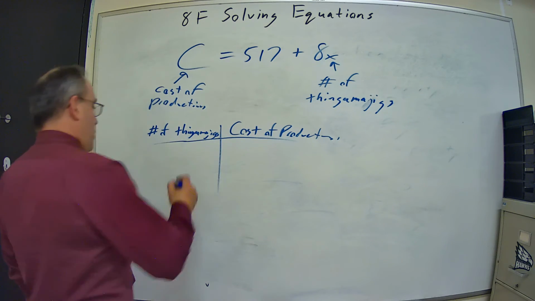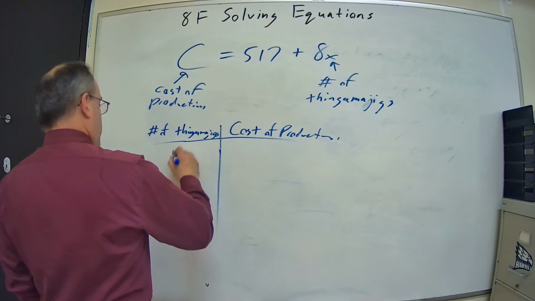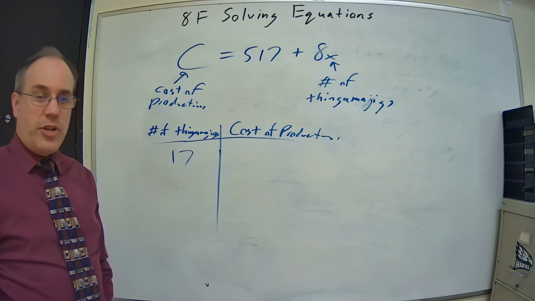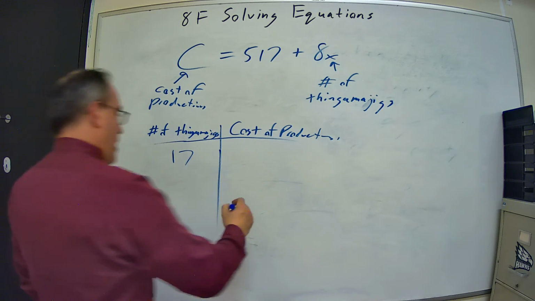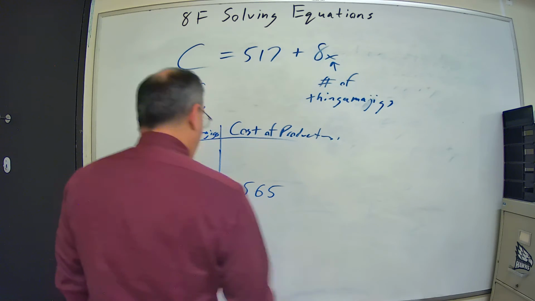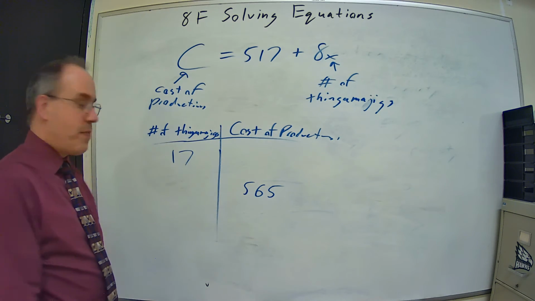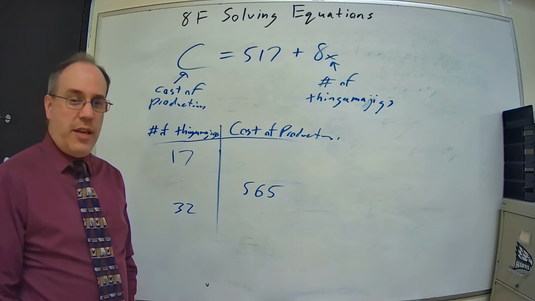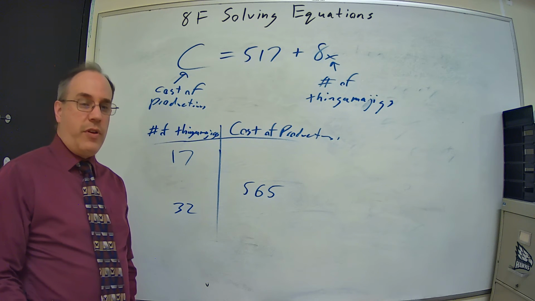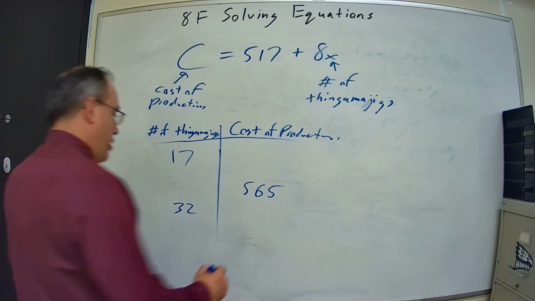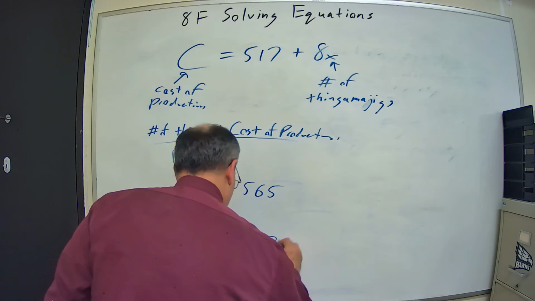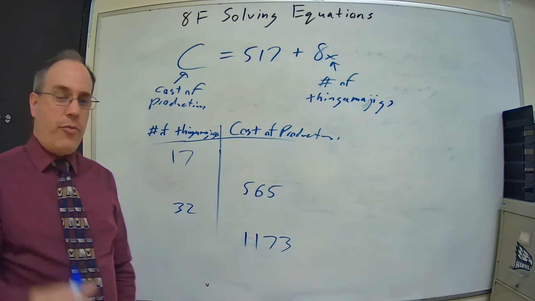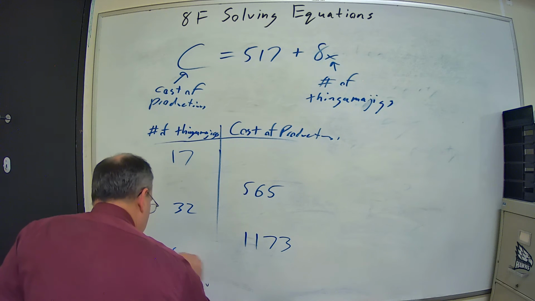So, we're given the following. 17 thingamajigs. In another row we have 565. In another row we have 32. In another row we have 1,173. And in another row we have 600.